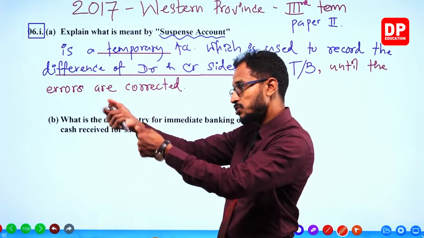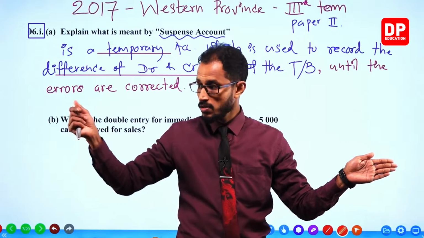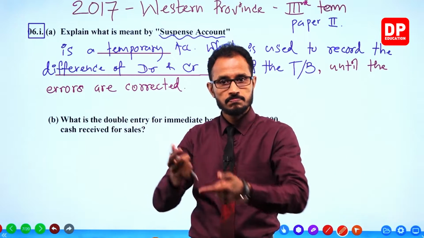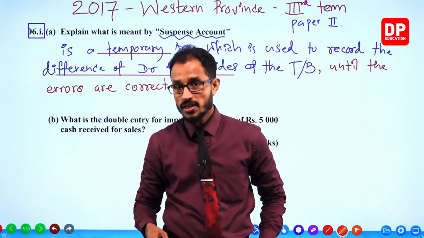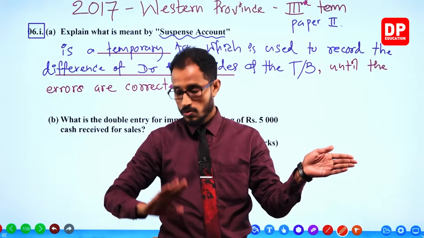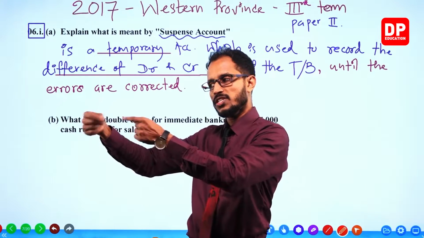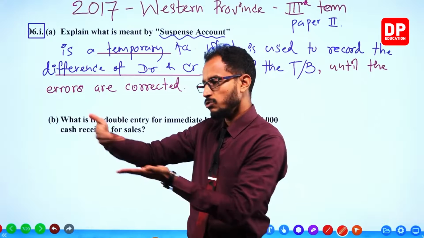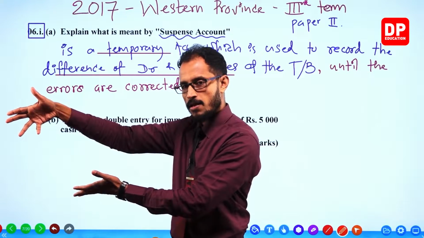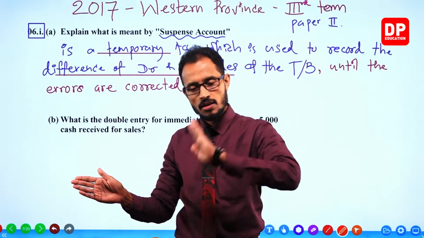When you receive cash, you debit the cash book and credit the sales account, because you receive the money by selling goods. Sales account credit, cash account debit.